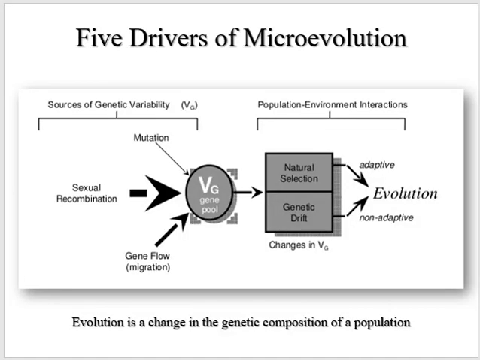Now, these 5 drivers, per se, of microevolution contribute to changes in the genetic composition of a population, right? And that's the basis of evolution. Evolution is the change in the genetic composition of a population. So these factors will modify allelic frequencies to change the gene pool, and therefore that changes the genetic composition of that population, and from there you have evolution.